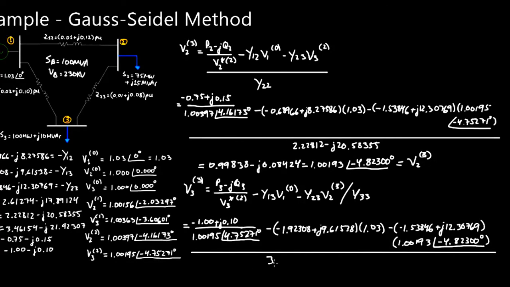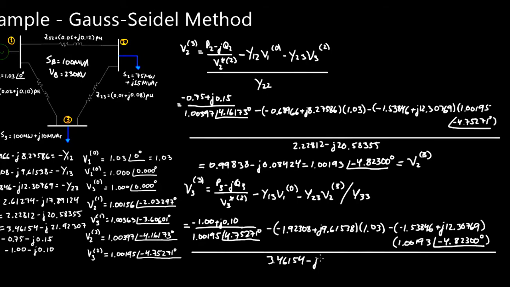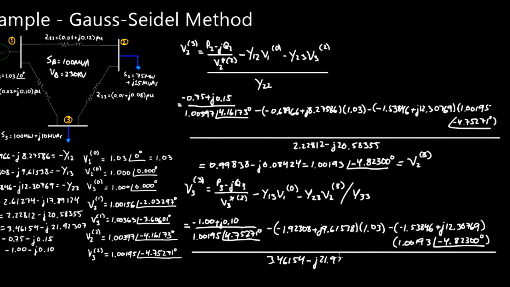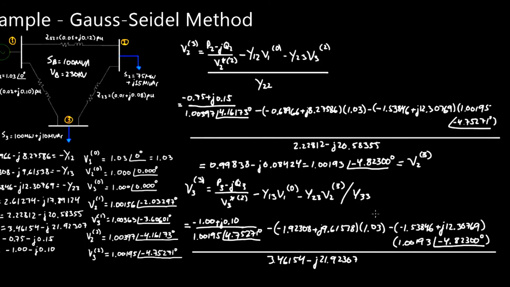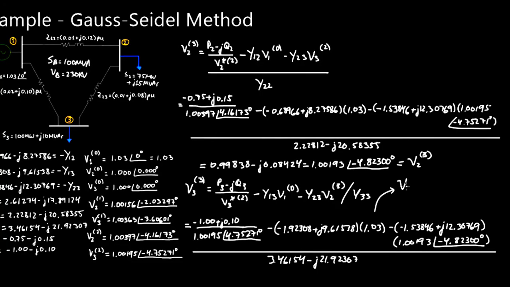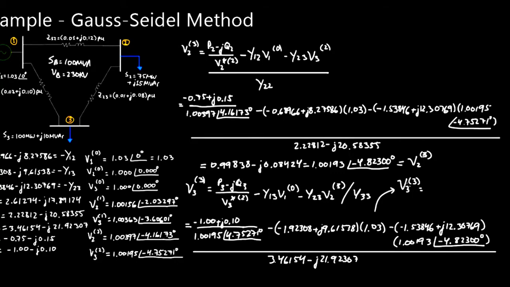3.46154 minus J 21.92307. And again I ran out of room, so let me put the result over here. I'm going to say V3 of 3 is going to be equal to this number.